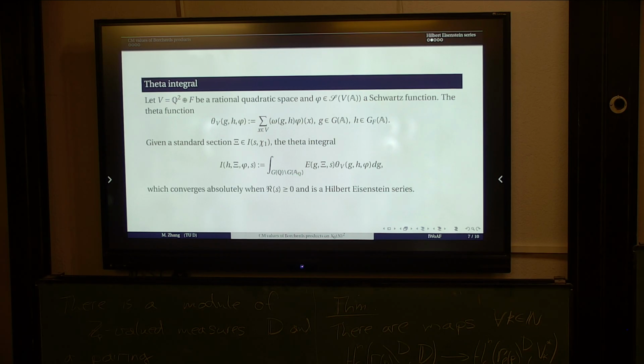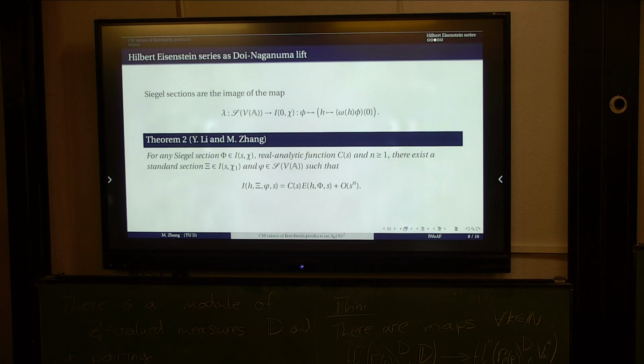Given a standard section in I(s, chi1), we can similarly define the elliptic Eisenstein series E associated to the section. Then we denote by I the theta integral of the elliptic Eisenstein series against the theta function, with two choices of Schwartz functions. So it is still a Hilbert Eisenstein series, and it converges absolutely when the real part of s is not smaller than 0.